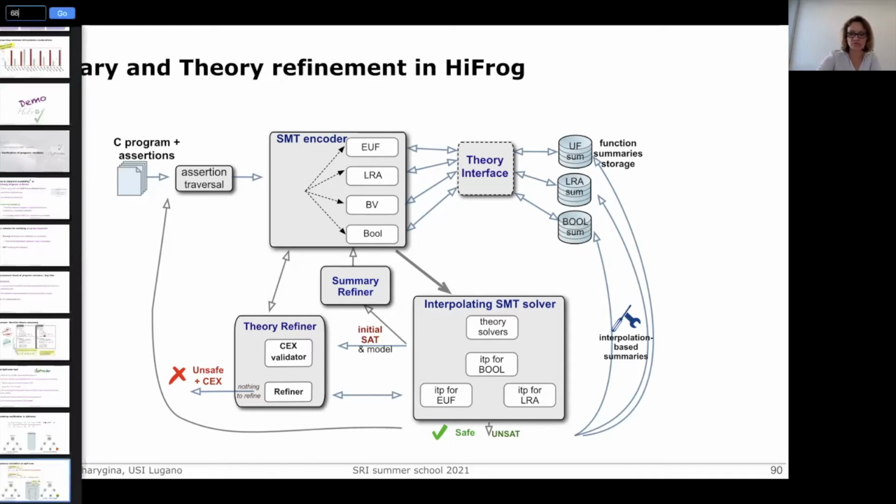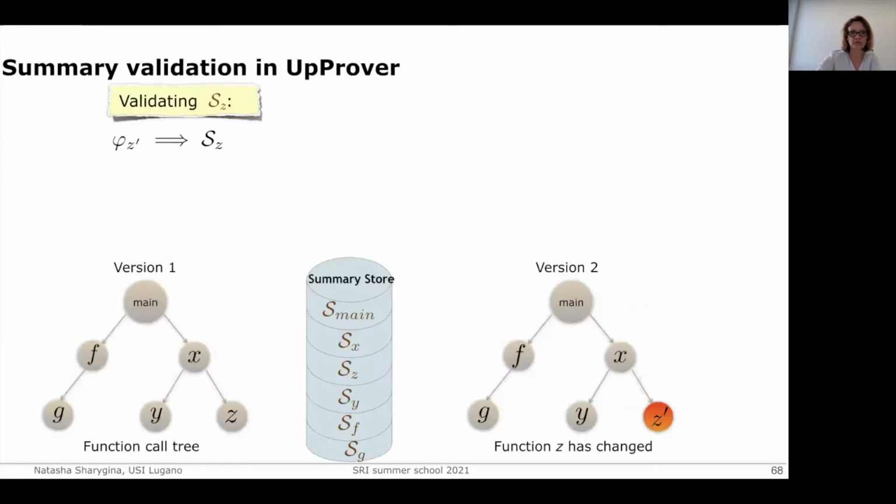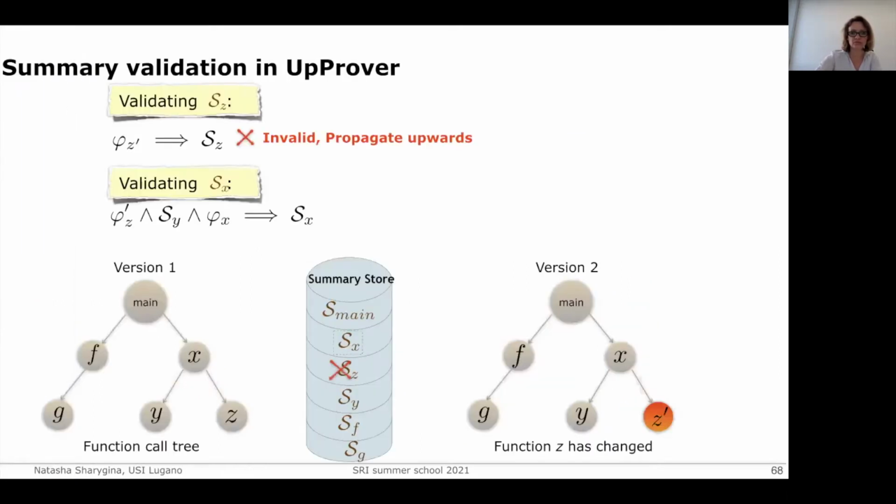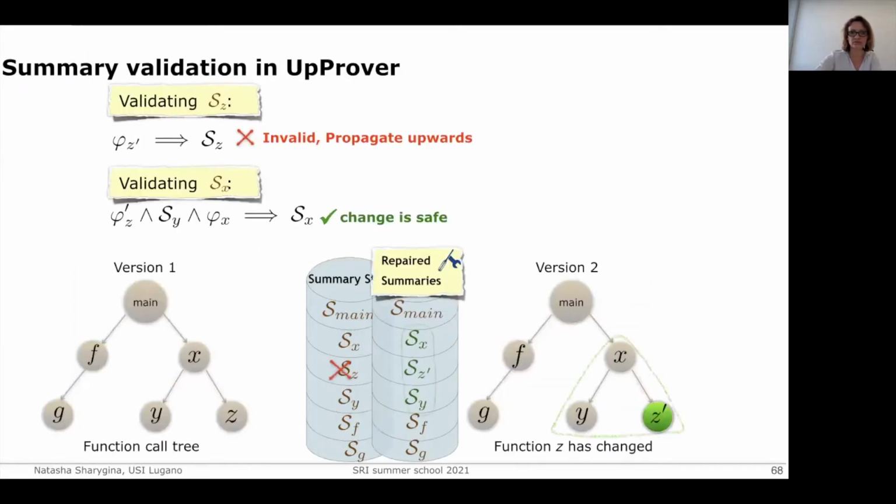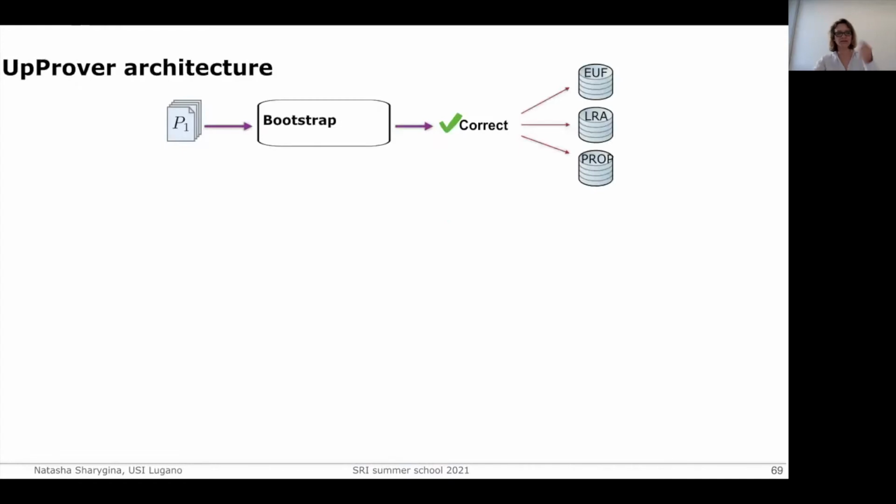This tool is called UpProver. So let me just move forward. This is from the lectures. It's a tool which has all the beauties of HiFrog, but a little bit more.